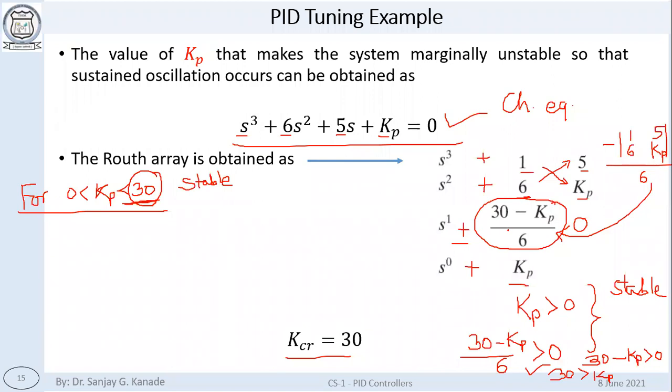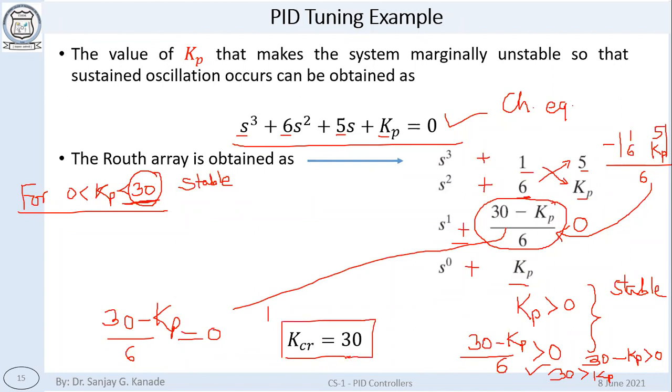And that will be done by simply equating this term, (30 minus Kp) divided by 6, to 0. Whatever the answer of Kp you get, that is your answer for KCR. In that way, you obtain KCR equal to 30. Everyone clear about this? Anyone has any questions? Please ask.